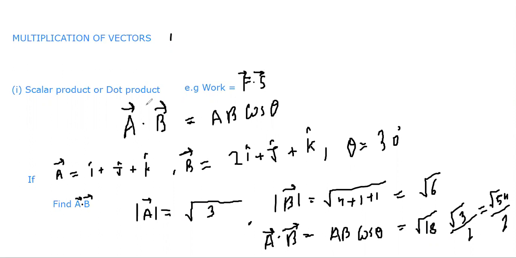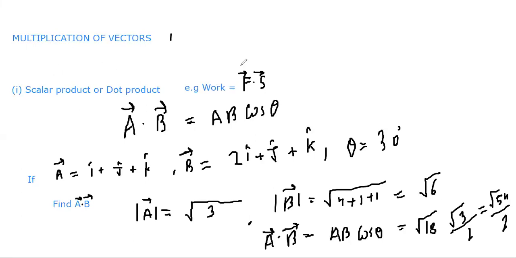Now, why is the scalar product called the scalar product? Because when you multiply two vectors, force is a vector and displacement is also a vector, and you get a quantity which is scalar, which has no direction, such kind of product is called a scalar product.